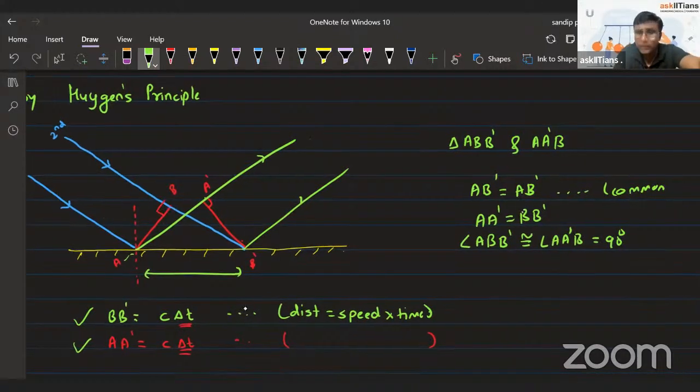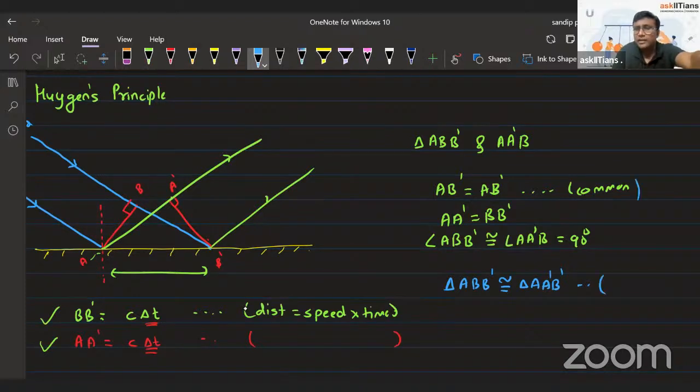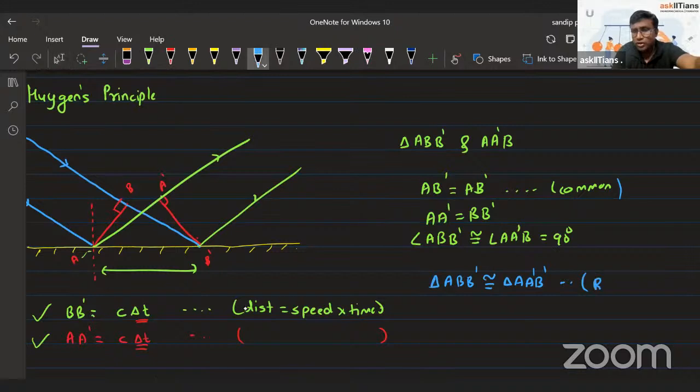Reason is both are 90 degree. So therefore, what I can say, triangle ABB dash is congruent to triangle AA dash B dash, right? Using the right angle hypotenuse rule, so RH rule you can say.